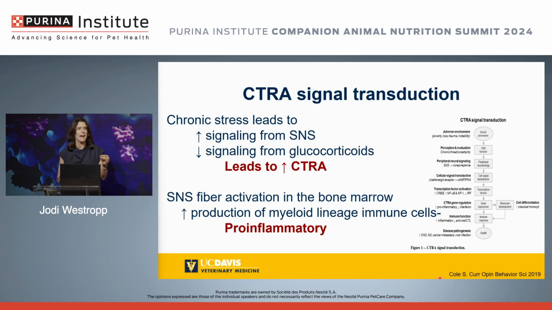In addition to that, they've looked at sympathetic nervous system fiber activation within the bone marrow. When that happens, it can increase production of myeloid lineage cells, primarily monocytes, which are again pro-inflammatory.